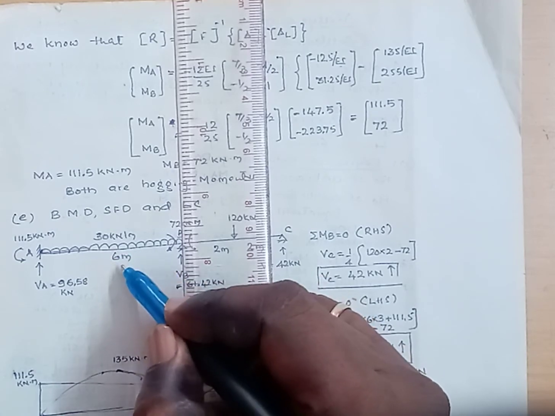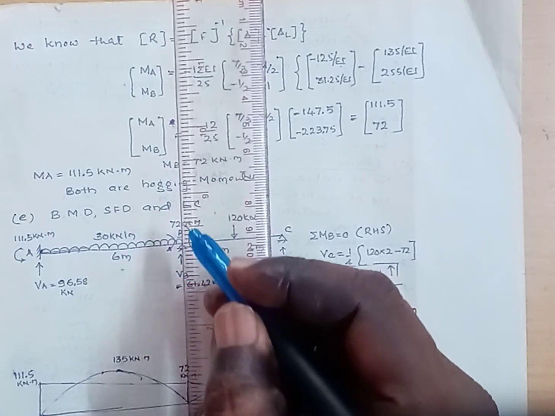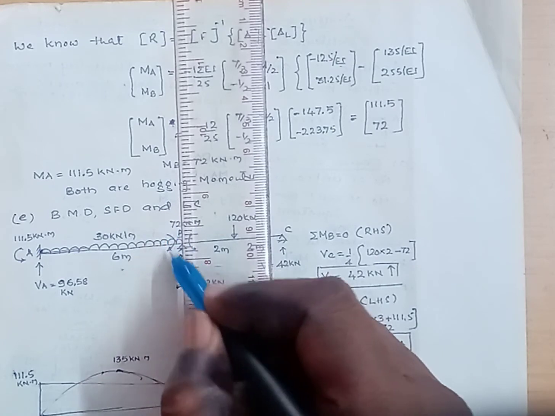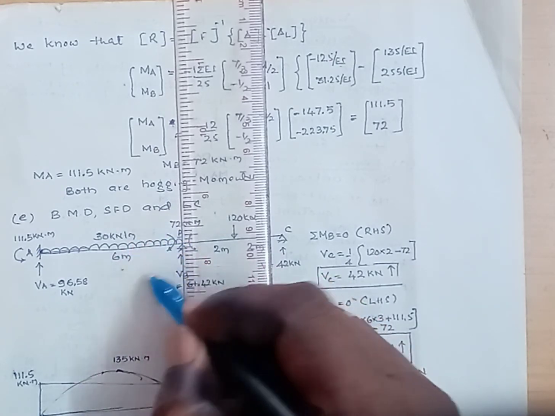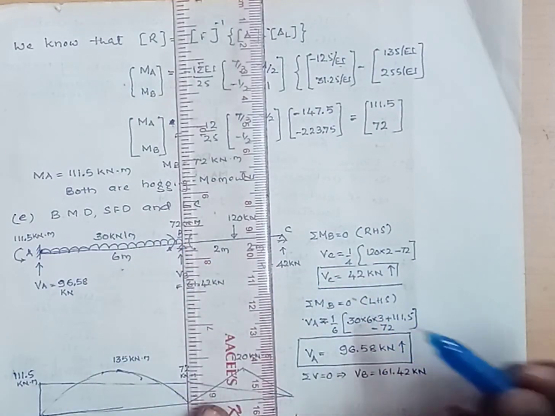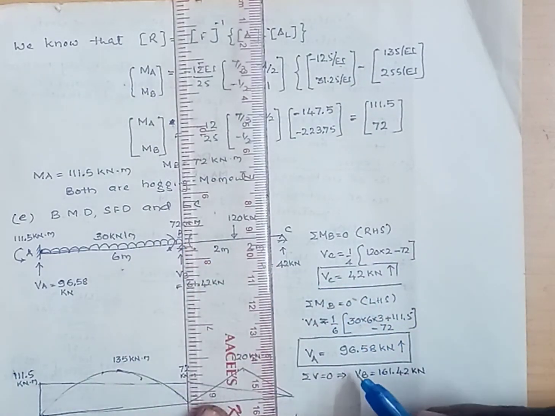Then the moment at B is clockwise, plus 72. Here you will get, after simplification, Va equals 96.58 kilonewton, that is upward.